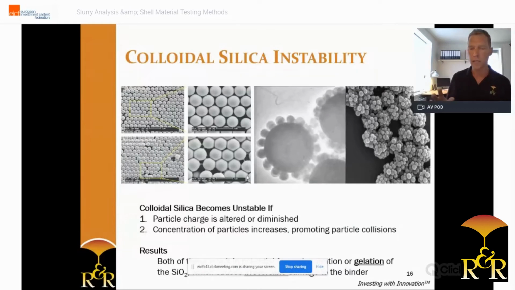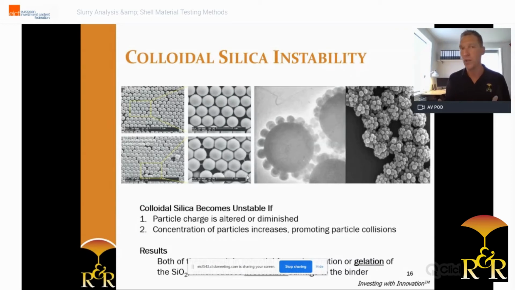So let's start explaining a bit further the first reason, the change of the particle charge. We already learned that the negative charge around each particle prevents them from coming in contact with each other. So if I would introduce, for example, unwanted positive ions, this protective charge will be reduced.